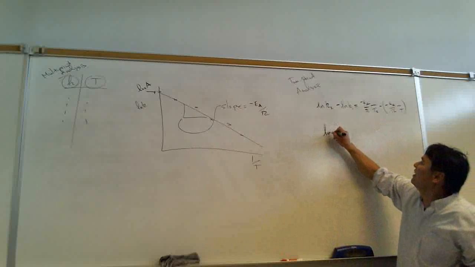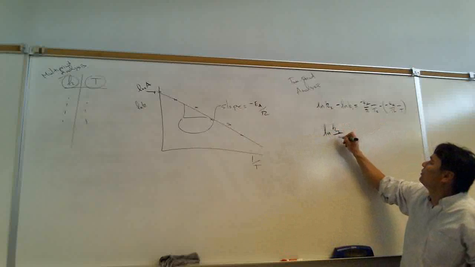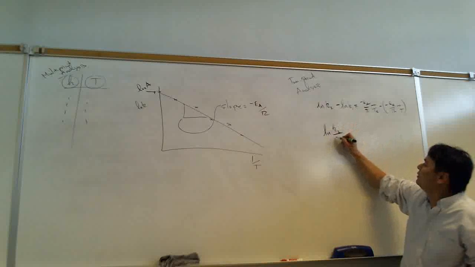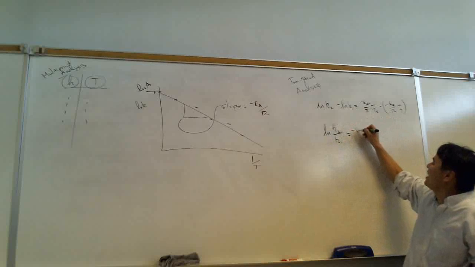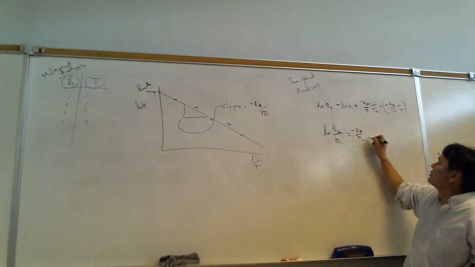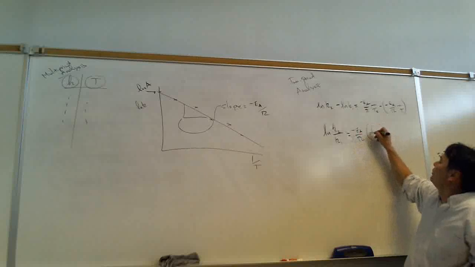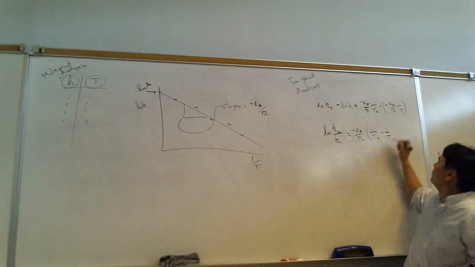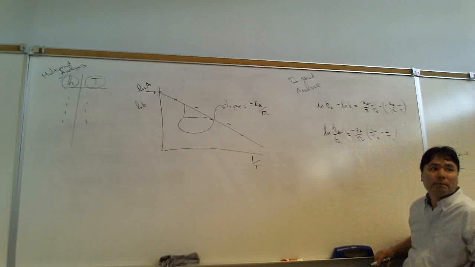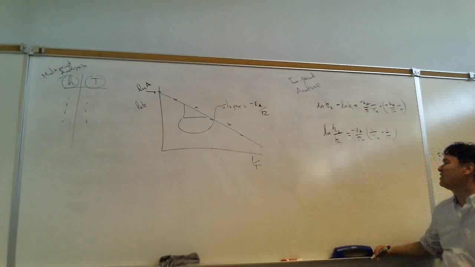This is going to be ln of K2 over K1 is equal to, and I'm going to factor out the minus EA over R, so it's minus EA over R, 1 over T2 minus 1 over T1. This is a two-point analysis.